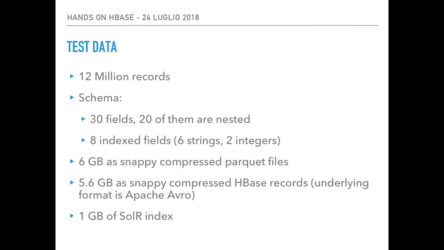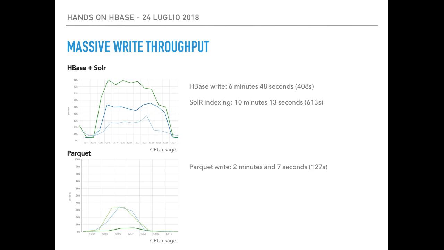The whole data weighed about 6 gigabytes in Parquet format, and almost the same as records after they had been inserted into HBase, so quite the same dimension. And when we built the full index of 6 gigabytes of data, it took up 1 gigabyte of space on Solr.